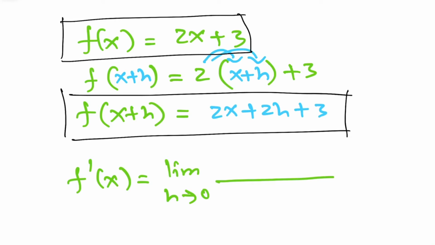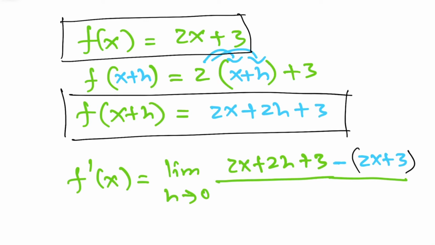What is f of x plus h? We already found 2x plus 2h plus 3 minus, what's the value of f of x? 2x plus 3, okay? Now here you have to be careful.